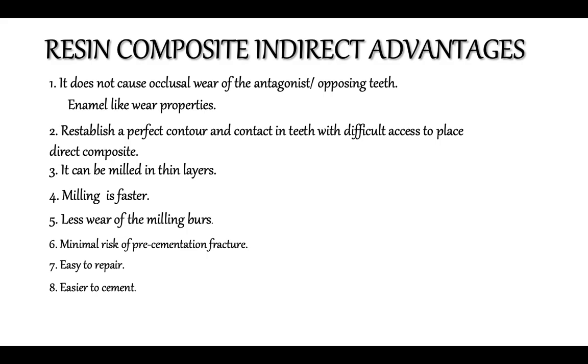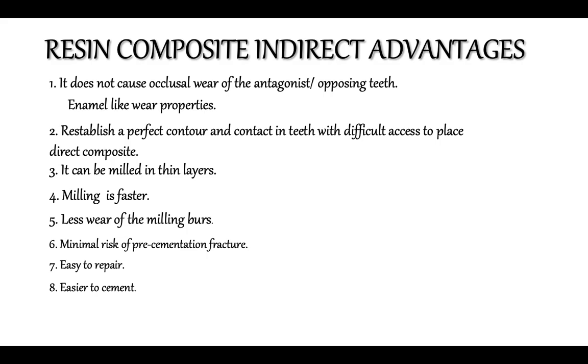You will also reestablish a perfect contour and a perfect contact, because you will be able to design exactly what you want. And in case you have difficulties doing a direct posterior composite, you can also use it.